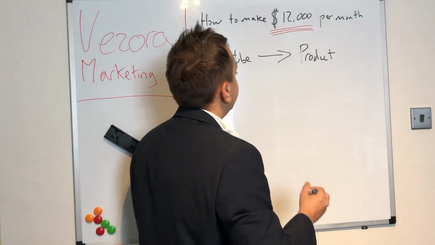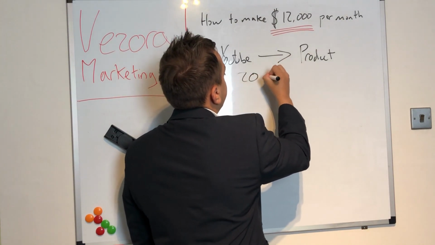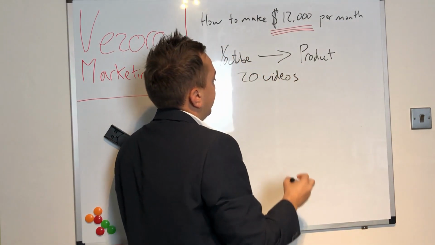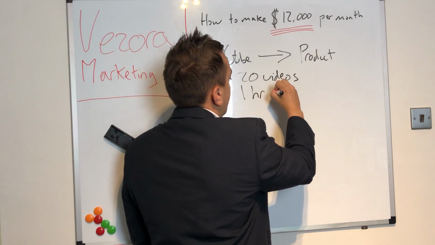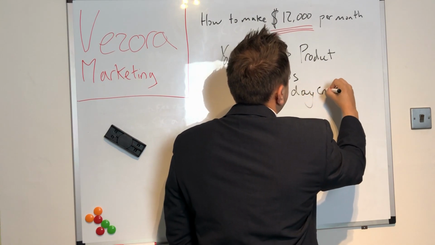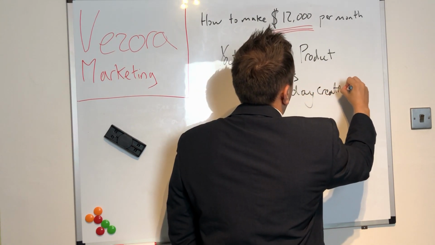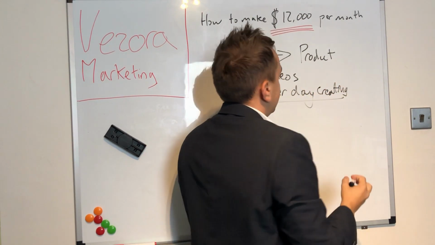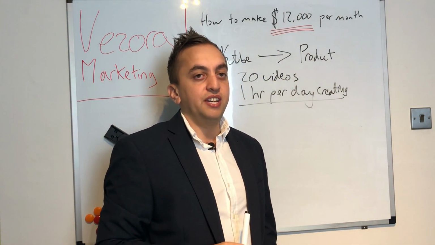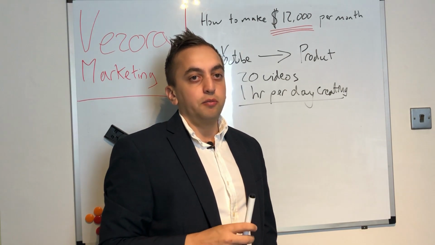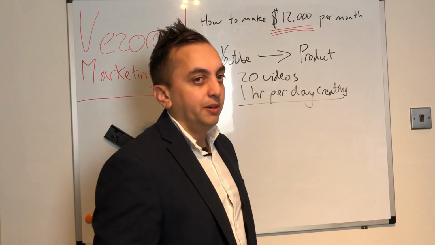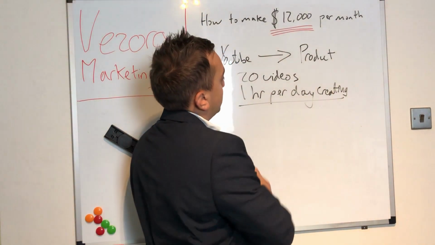You can quite easily create 20 videos in a month with one hour per day creating that video. If you create one video per weekday, Monday to Friday, that's 5 videos a week, 20 videos in a month.